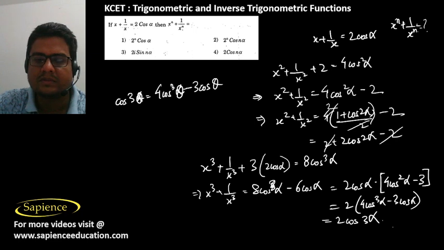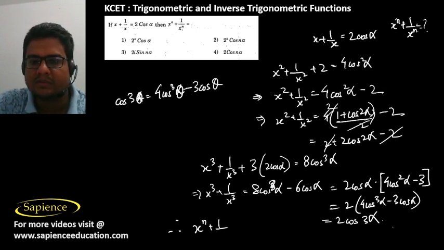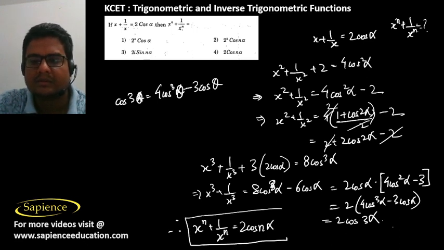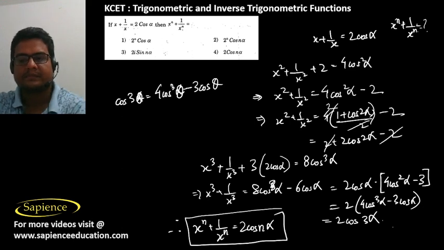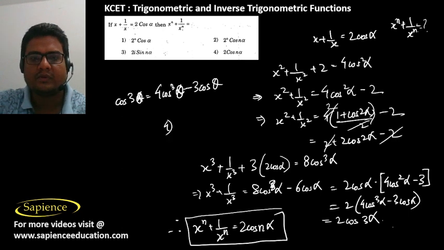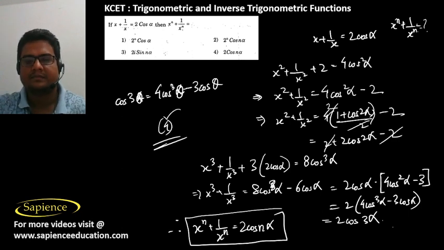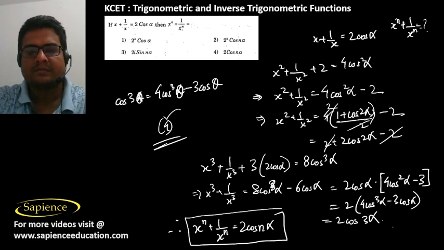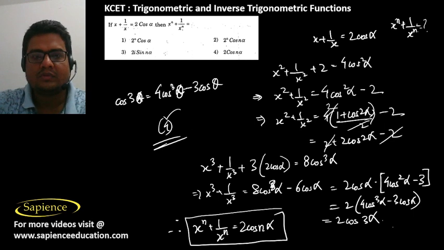Therefore the formula which is coming is x power n plus 1 by x power n equal to 2 cos n alpha. So option 4 is the correct answer. It is 2 cos n alpha.